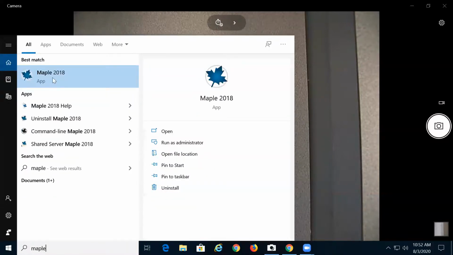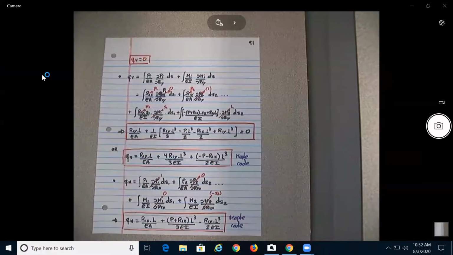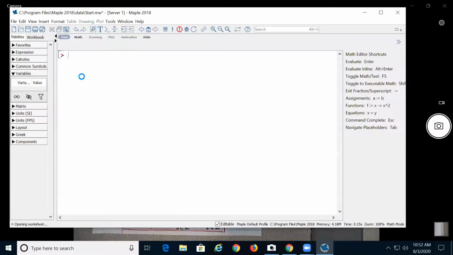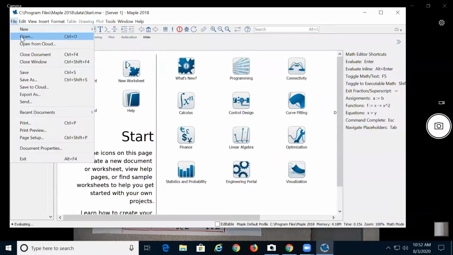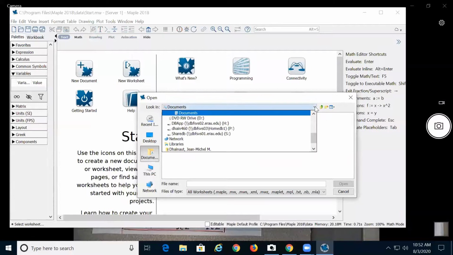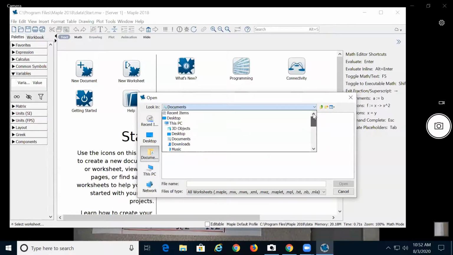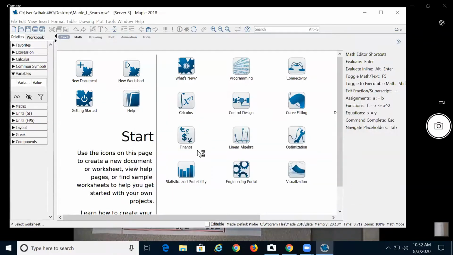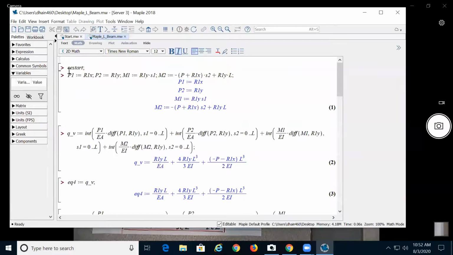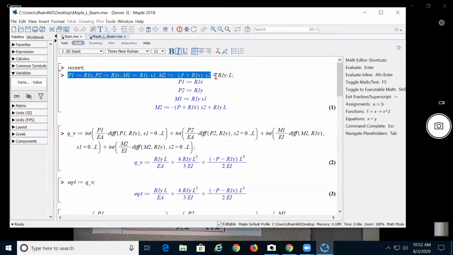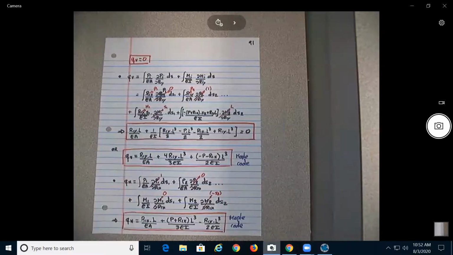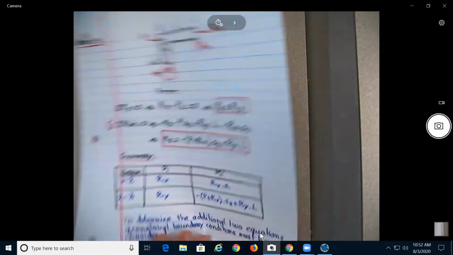In order to simplify all the algebra, I used Maple. Basically, the only thing I'm doing is putting the values for each one of the members in this table.